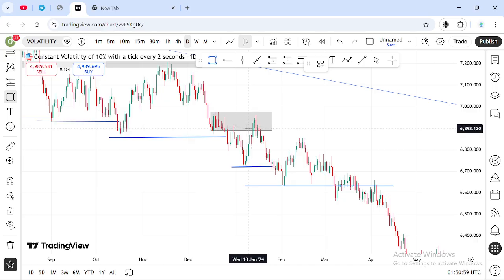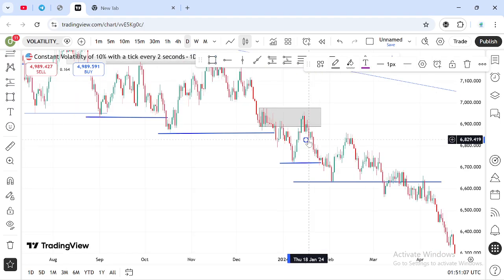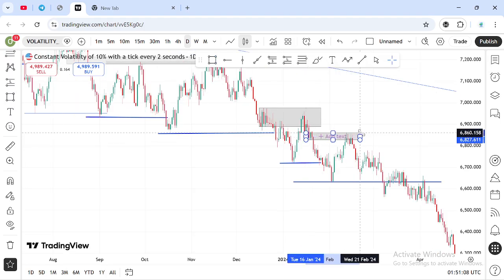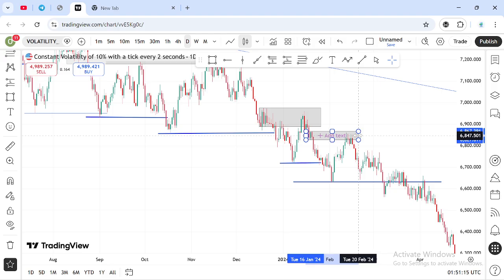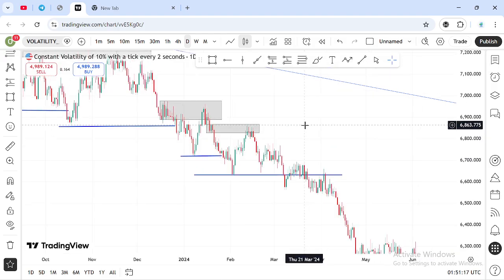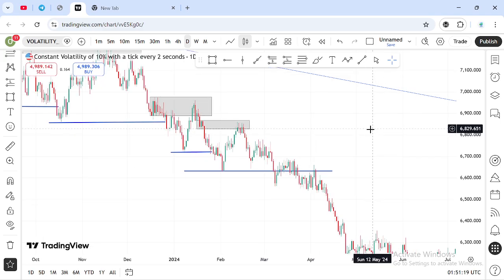Now, of course, we would have been looking at this high. Price didn't come to this higher order block. It just respected this mitigation and also another block zone, and then sold off nicely. So it's not the best we would have been expecting, but price did that, and it's what it is.